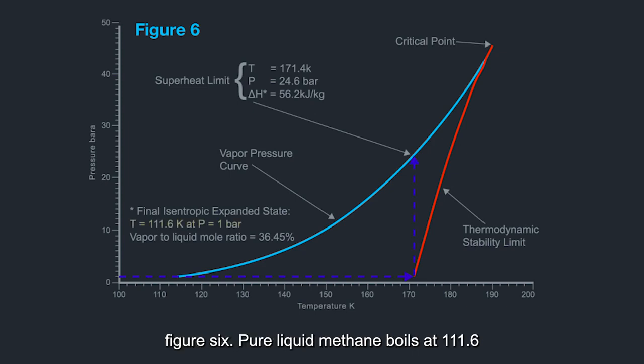Pure liquid methane boils at 111.6 Kelvin, negative 258.8 degrees Fahrenheit, at ambient pressure. Rapid heating at ambient pressure causes methane to reach the thermodynamic stability limit of 171.4 Kelvin, negative 151.15 degrees Fahrenheit.